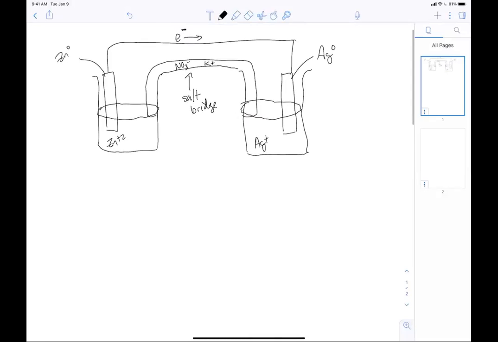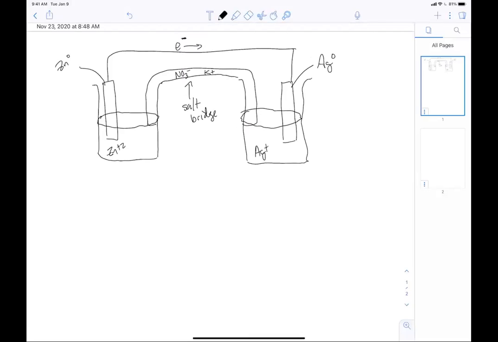Okay. Let's say you set this apparatus up. I take a solid piece of zinc, zinc metal, and attach a wire to it. On the other side, I put solid silver metal, and I dunk those into two separate beakers.